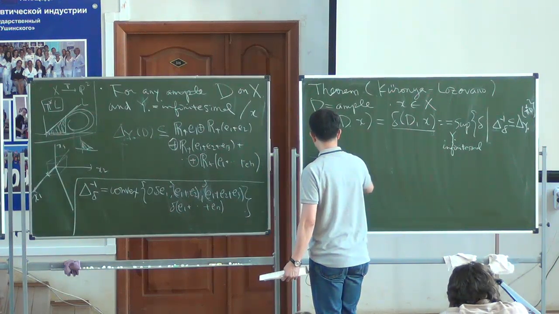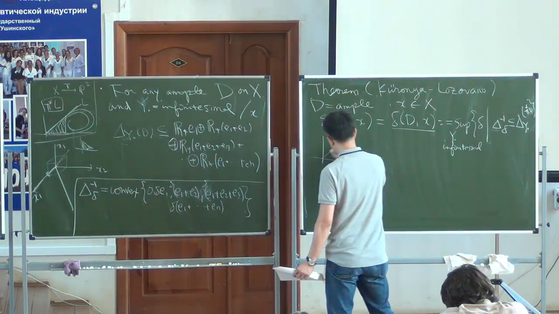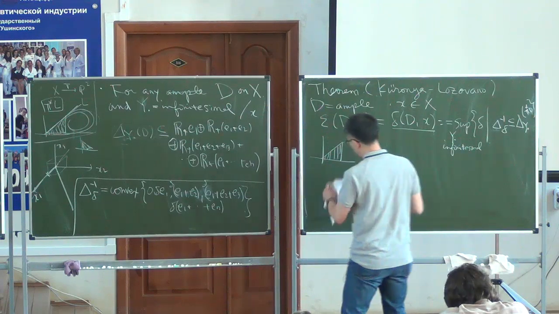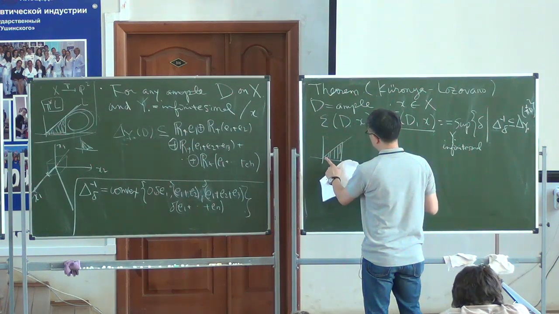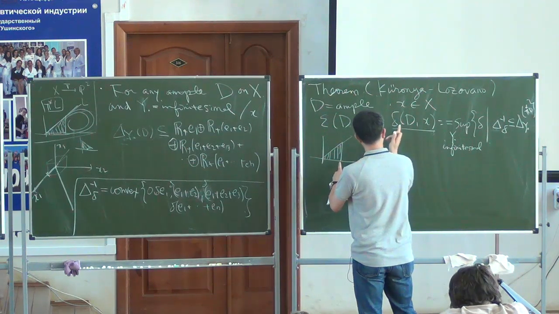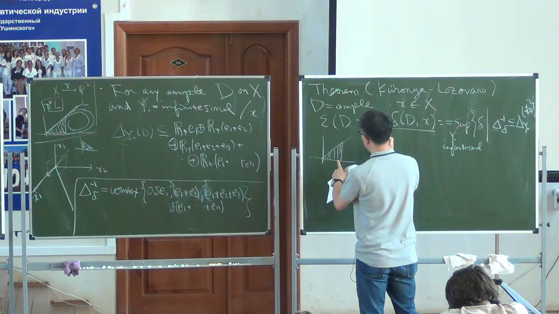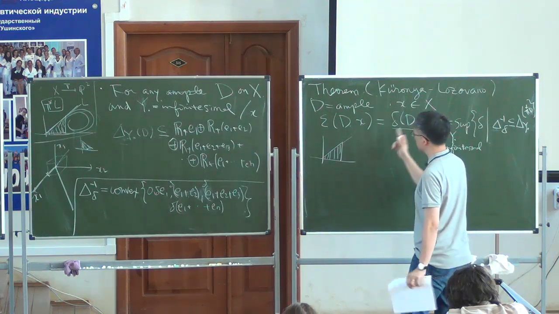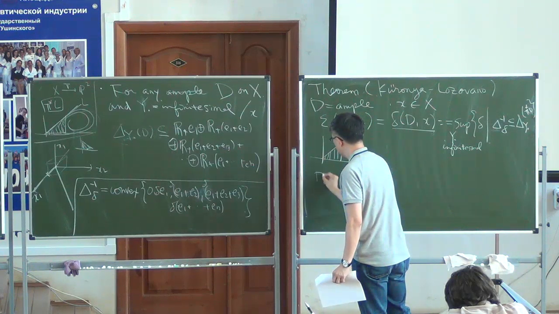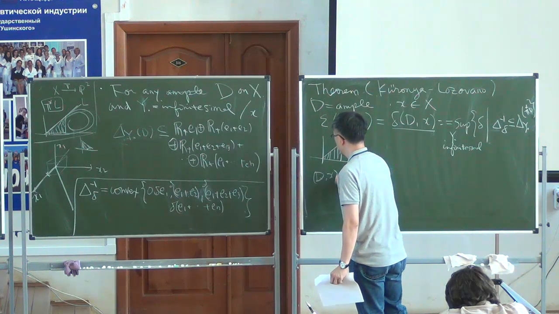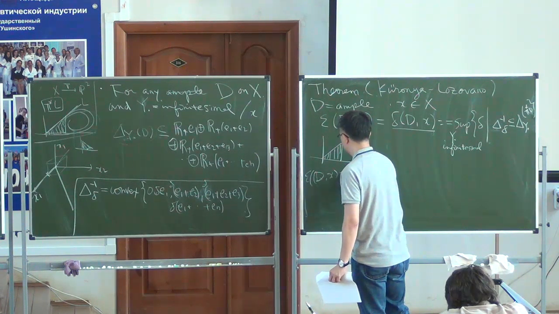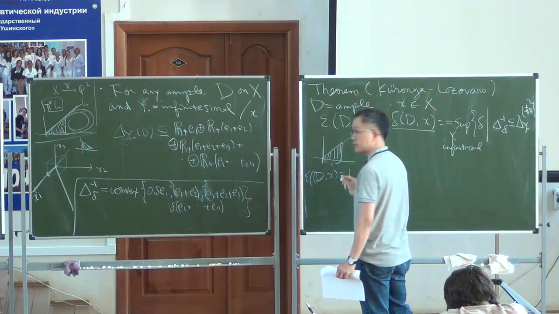The simplest case is this one. This was the Okounkov body, and so according to this, the Seshadri constant of D at x is equal to 1, because this size is 1.